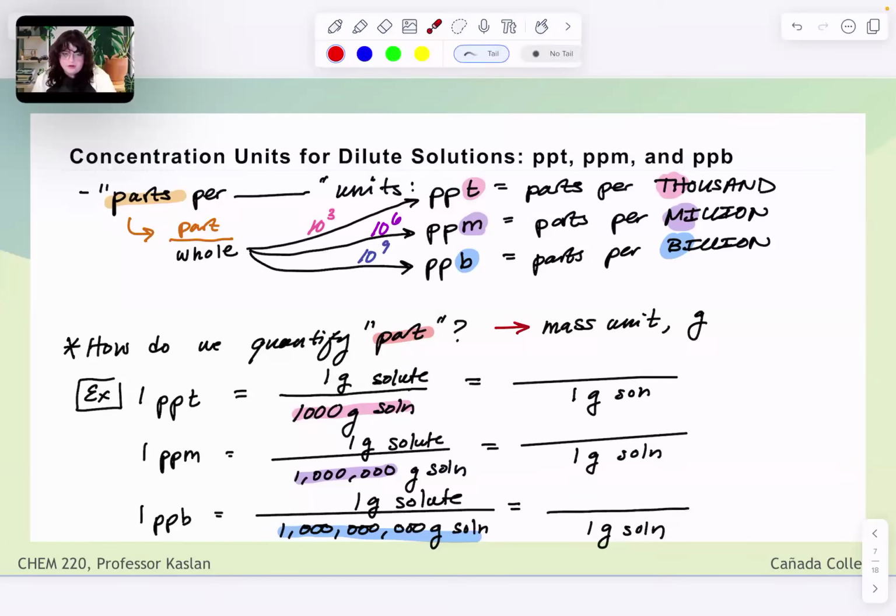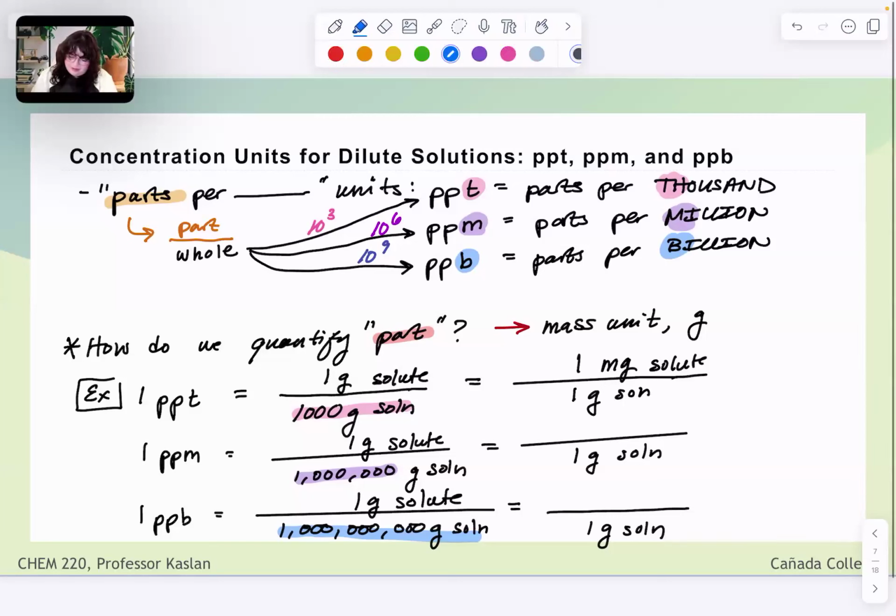All right, parts per thousand, this is saying 1/1000th, right? So I need to think about what unit needs to go here such that I have 1/1000th. What is a number that when I divide by 1 gives me 1/1000th? And the answer to that is the milligram, the 1/1000th of a gram. So 1 milligram of solute per gram of solution.